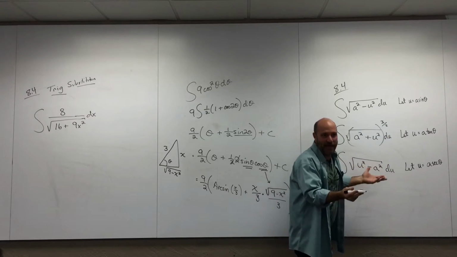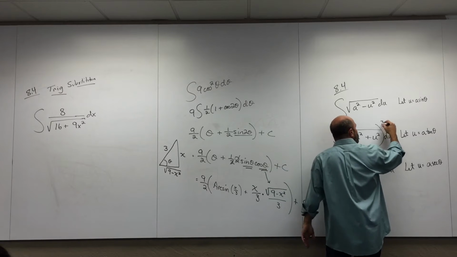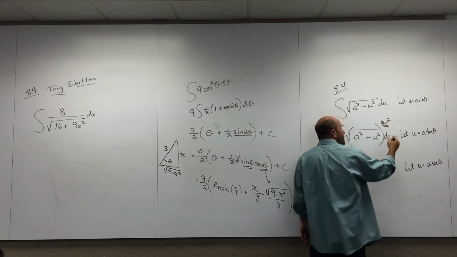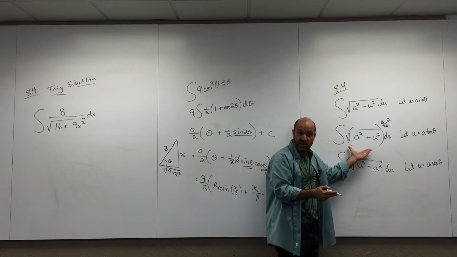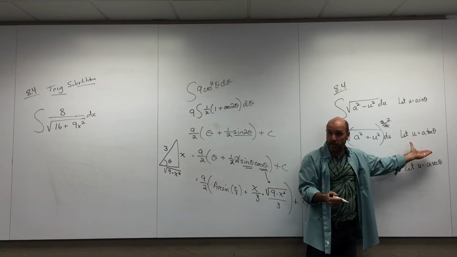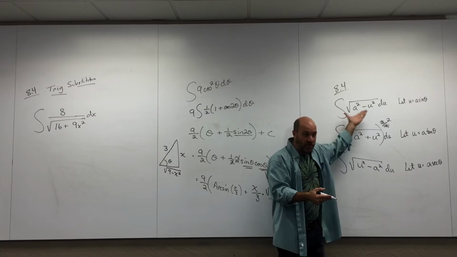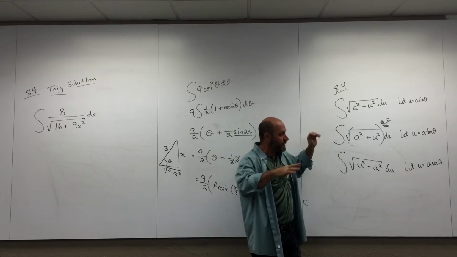That still applies, because that's a square root cubed. Sometimes they do these problems where it's squared, with no square root there, but if it's this kind of expression, this trig substitution will help you do the problem. So my notes are kind of specific, but I'm trying to make you open your mind.